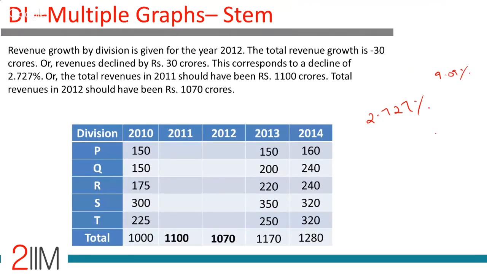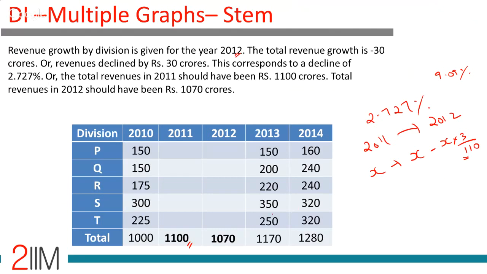We know that the total revenue subtracted in 2012 was 30 crores. So that will come down from 1100 crores because we know the share from 2011 to 2012. If this were X, then this was X minus X into 3 by 110, since 2.727% is 1 by 11 into 3, 3 by 11 by 10, 3 by 110.